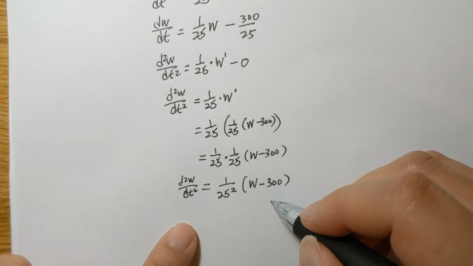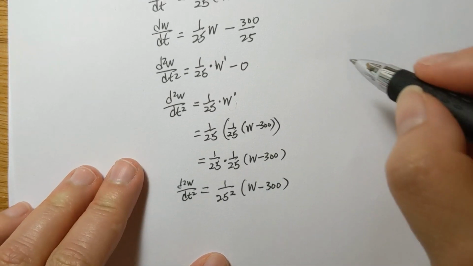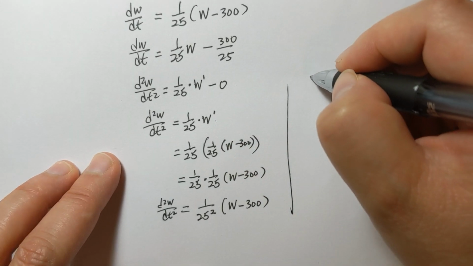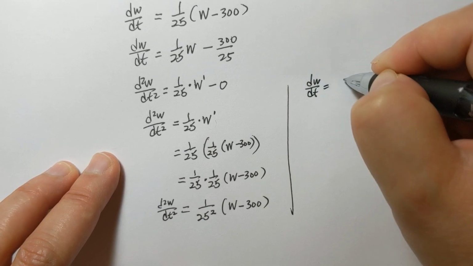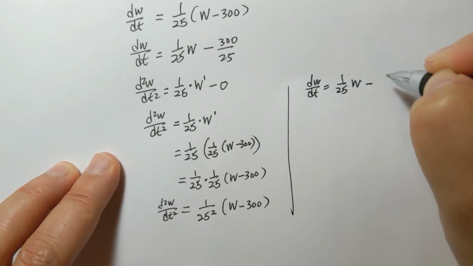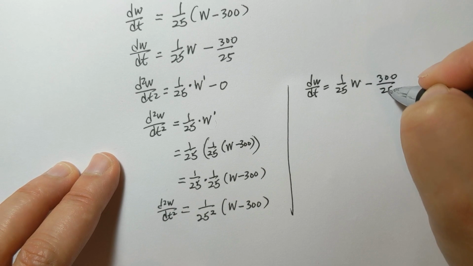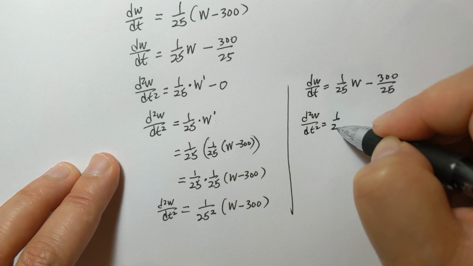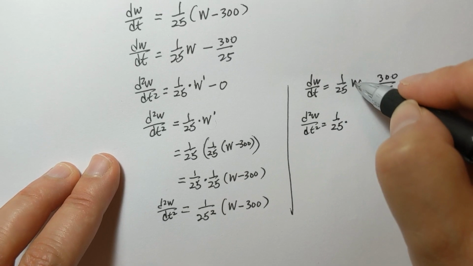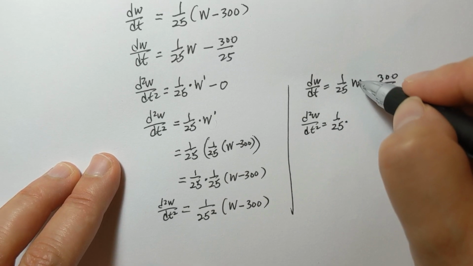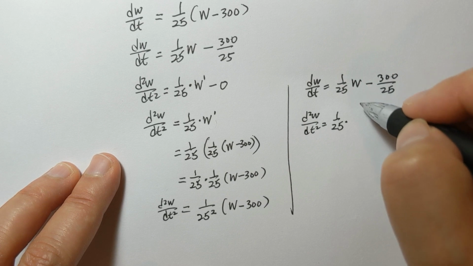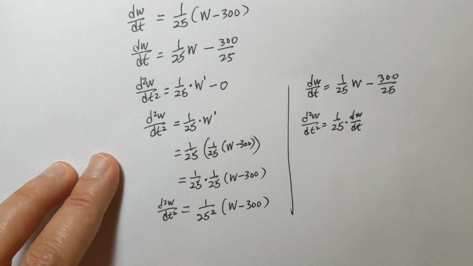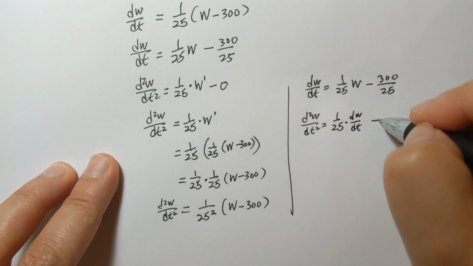In a moment, I'm going to determine the sign. So let's go back over here in case some people don't like this way. You get dW/dt equal to 1 over 25 W minus 300 over 25. So for the second derivative, 1 over 25 stays the same because you're going to take the derivative of W, a function of time, so therefore it should be dW/dt, and then my 0.